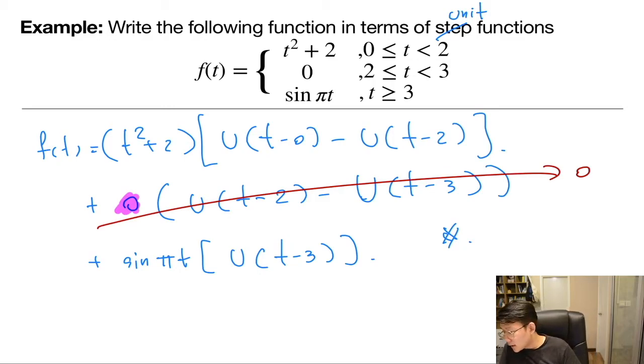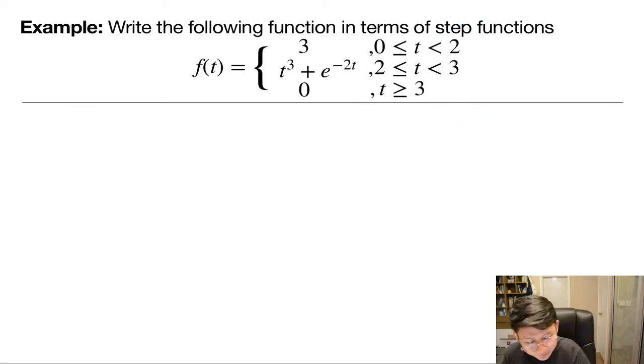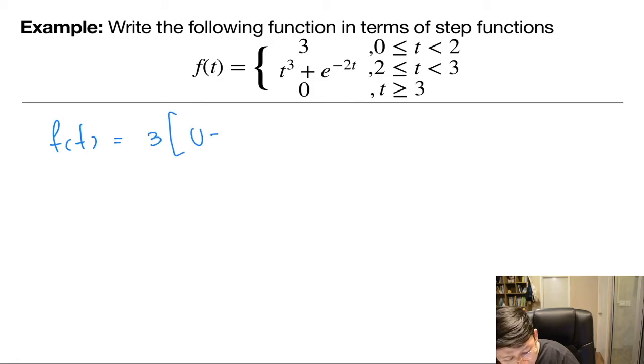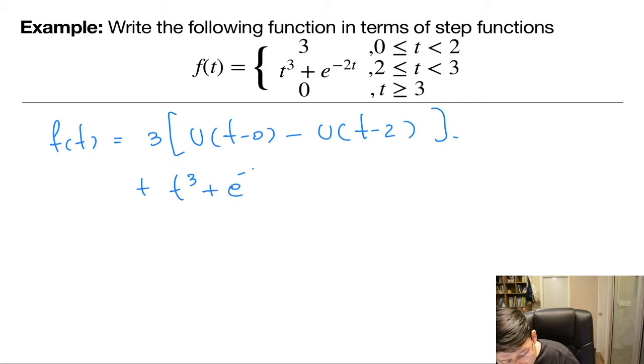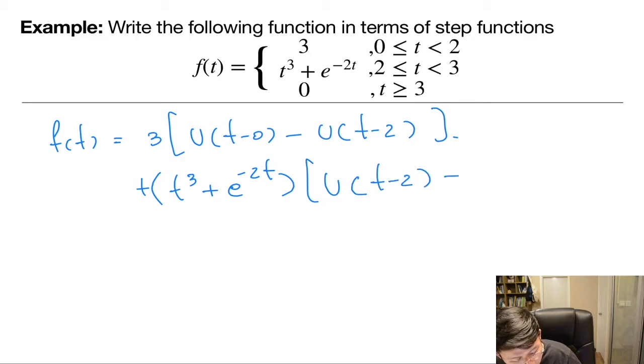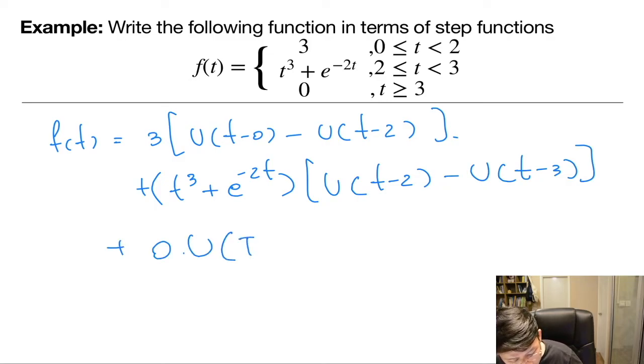And the next example, f(t) would be 3[u(t − 0) − u(t − 2)] plus (t³ + e^(−2t))[u(t − 2) − u(t − 3)], and then plus 0 times u(t − 3).